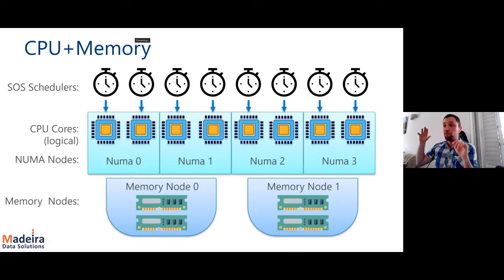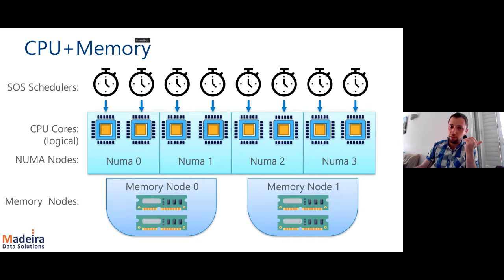Beyond that, we also have something that is called a memory node. Each NUMA node is assigned to one memory node, and a memory node can have one or more NUMA nodes. What a memory node is, basically, is like a memory card, or maybe a few memory cards. And those memory cards are dedicated specifically to the CPU cores in the NUMA nodes that are assigned to the memory.